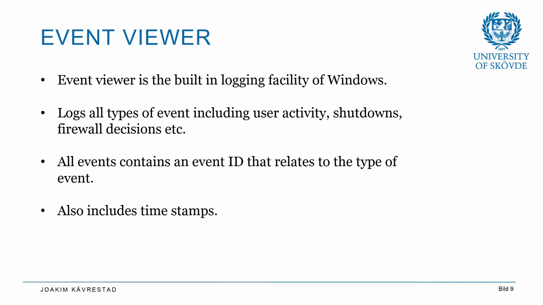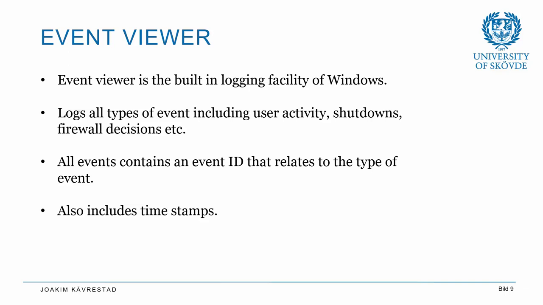Next important tool to know about is the event viewer, which is the built-in logging facility of Windows. And this logs all types of events, for instance, user activity, shutdowns, decisions made by the firewall on what network traffic may enter or gets blocked from entering your computer.